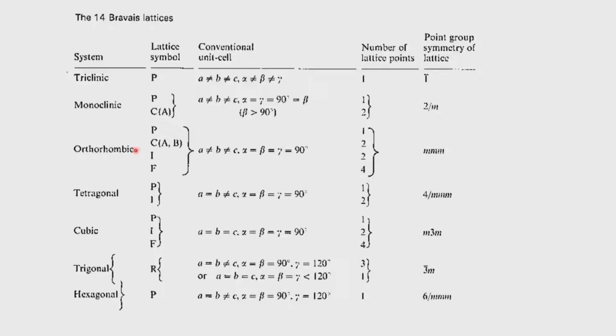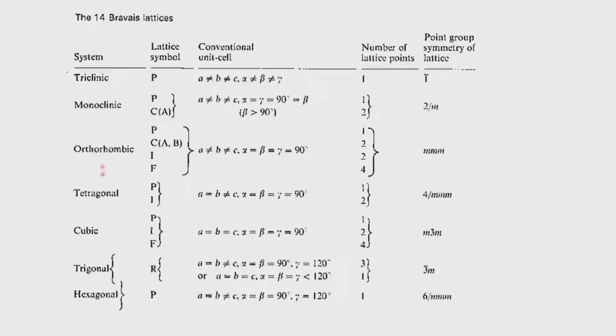In the case of the orthorhombic system, we have 4 possible lattices: the primitive lattice, the C-centered lattice, which could also be represented as A-centered as well as B-centered, because a, b and c are interchangeable. Then we have the I-centered lattice, which is the body-centered lattice, and then the face-centered lattice.